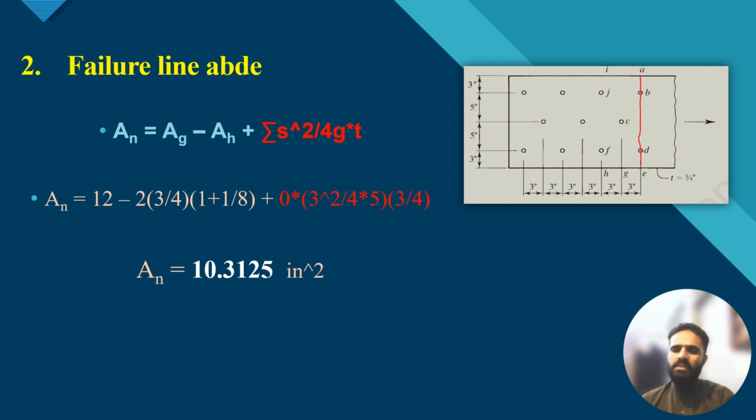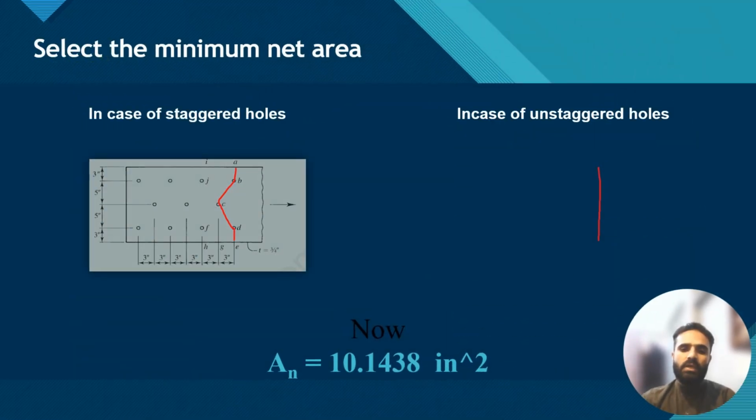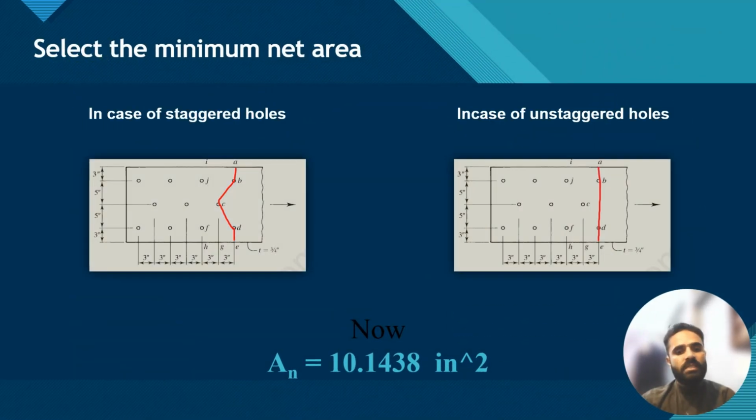So which net area should I use for design? It is very important to decide this. If you know the concept, you can easily pick which area to use. I have 2 cases. Number 1 is in case of staggered holes. In case of unstaggered holes, I am considering a straight failure.